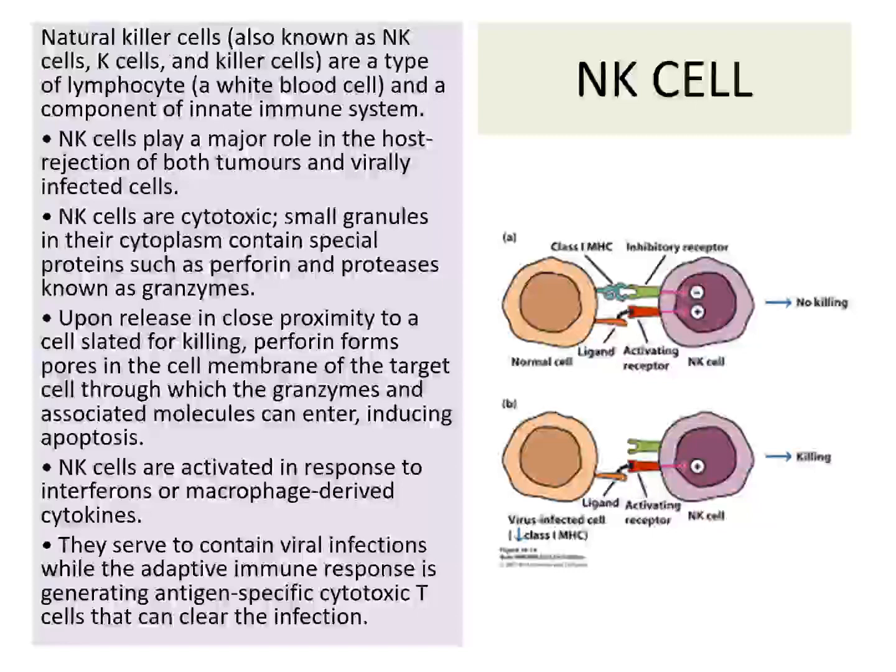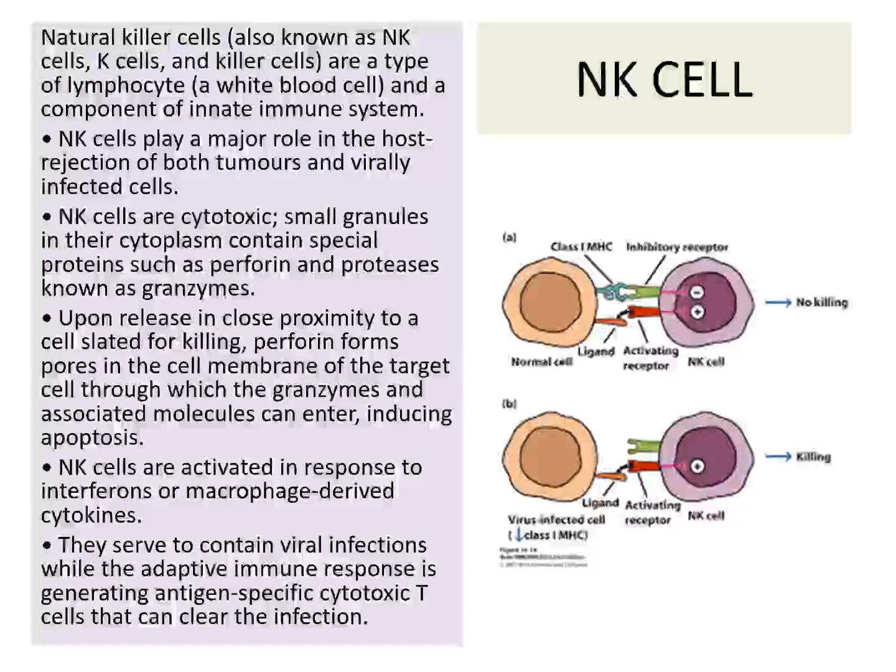Now coming to the NK cells, that is natural killer cells, also known as K cells or killer cells, a type of lymphocyte or WBC and a component of the innate immune system. NK cells play a major role in host rejection of both tumors and virally infected cells. NK cells are cytotoxic. Small granules in the cytoplasm contain special proteins such as perforins and proteases known as granzymes.